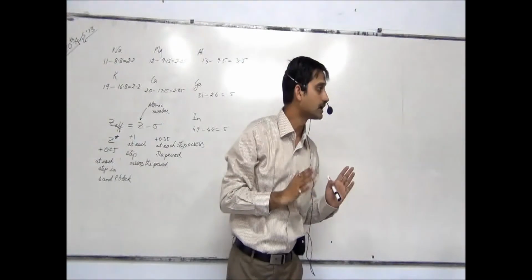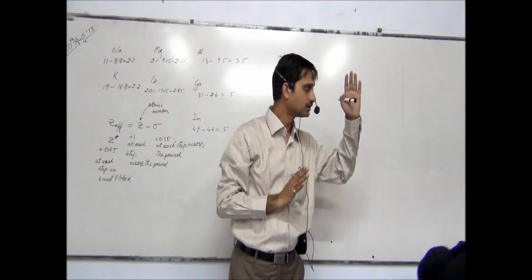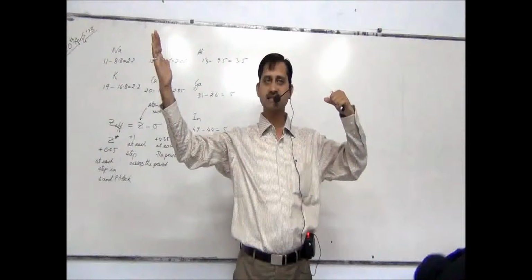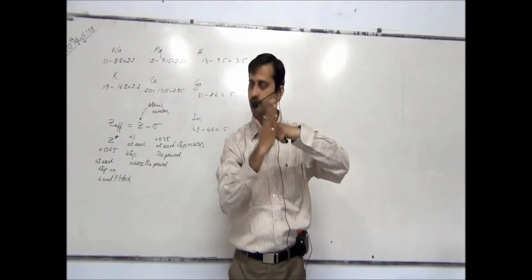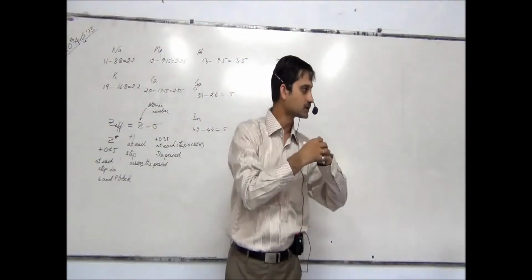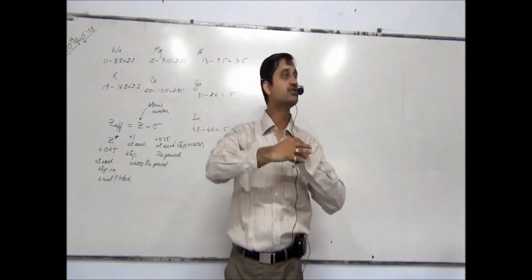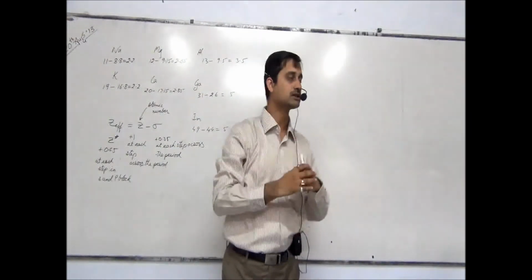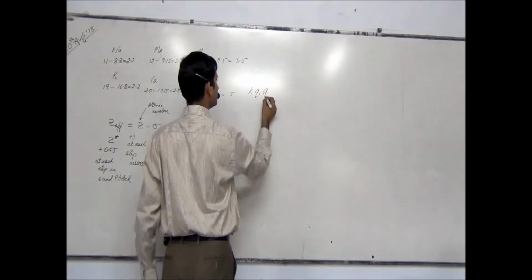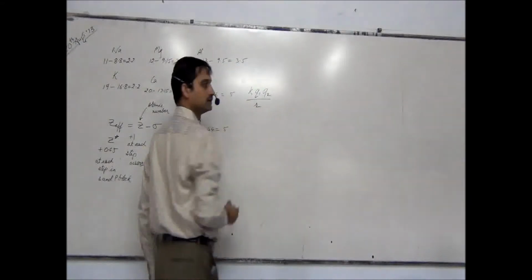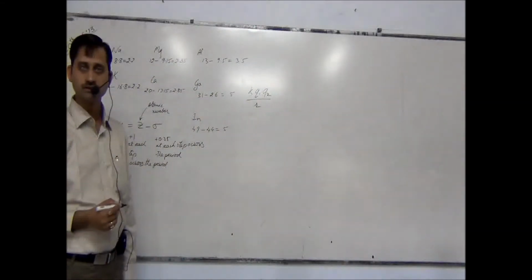Is it okay? Ranjul? So as the electron moves towards the nucleus, it is going to release energy. Obviously, the more the positive charge, the more the energy released, because the energy released is nothing but K Q1 Q2 upon R. That is the energy.